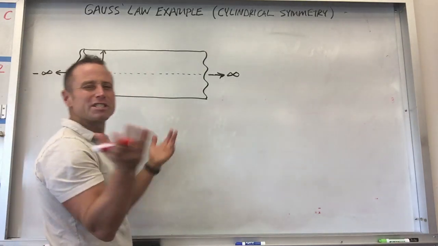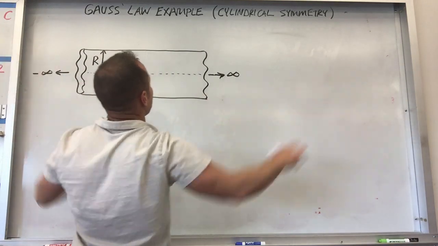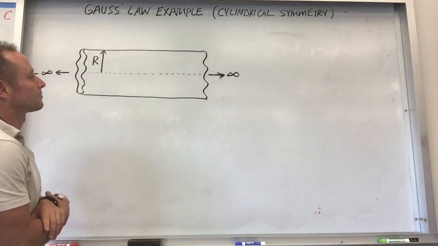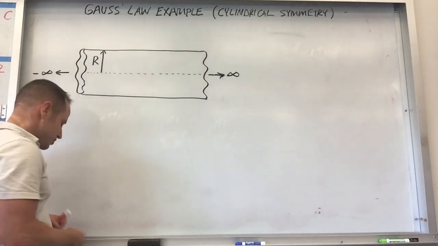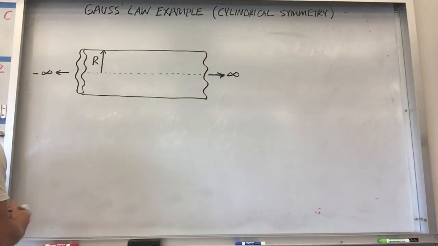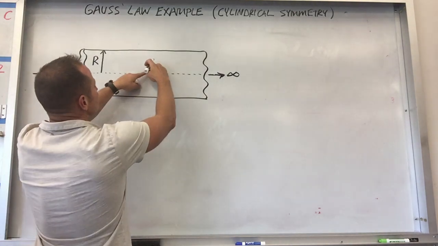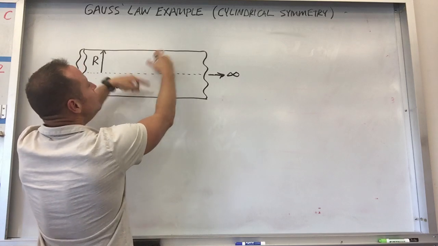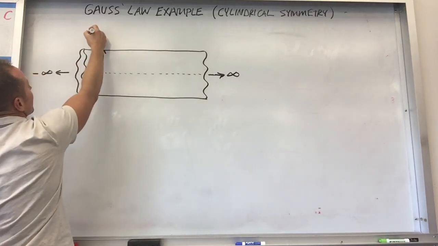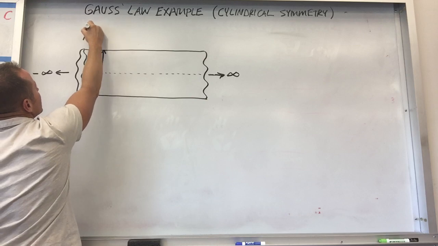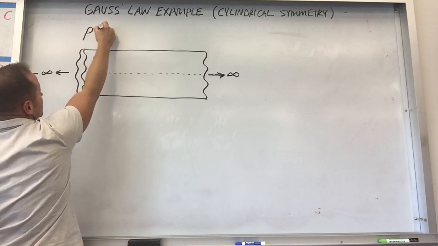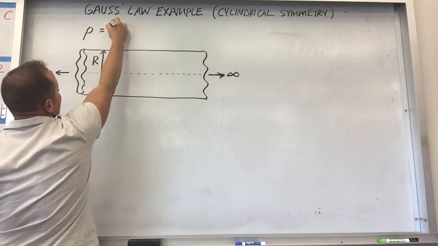So when you see these kind of problems, it's going to be some super long, wire-shaped thing. So just to set a context for this, we need to have some kind of changing charge density in here. So I'll just make one up. Let's suppose that the charge density inside here, the charge per volume, grows like r squared.